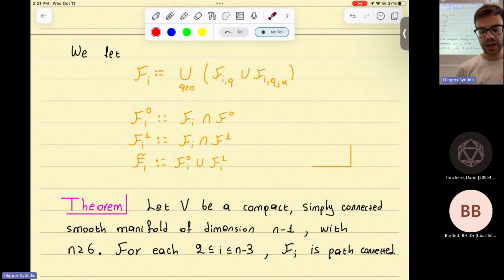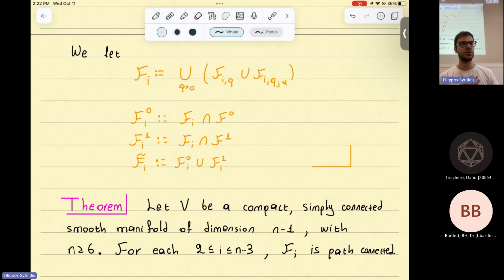So this Q is the number of critical points of index I. So when Q is 0, we have 0 critical points of index I and 0 critical points of index I plus 1 and nothing else. So in particular, we have 0 critical points. So the space of functions with no critical points is actually included in Fi0 just by how we set it up. If I had written greater than here, then your concern would have been very valid.